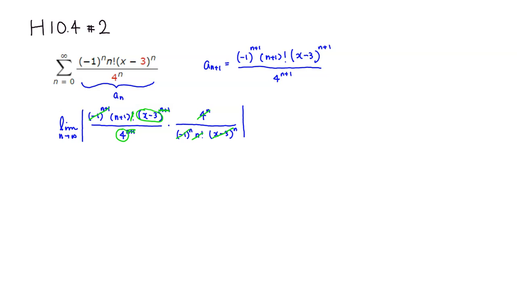So this is equal to, you have a 4 on the bottom, so I'm going to put 4 on the bottom outside. So we took care of this part. And here, x minus 3 has nothing to do with n, so I can pull it out, with the absolute value sign.